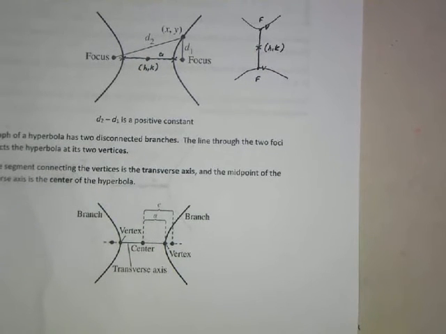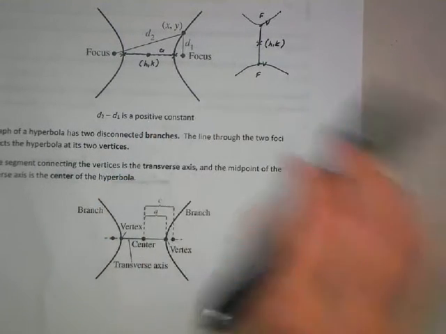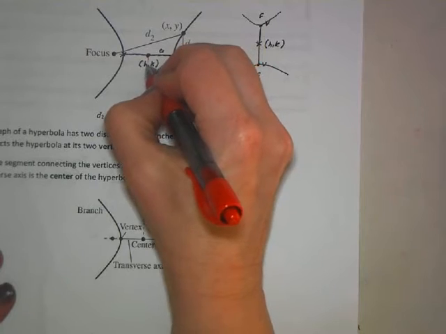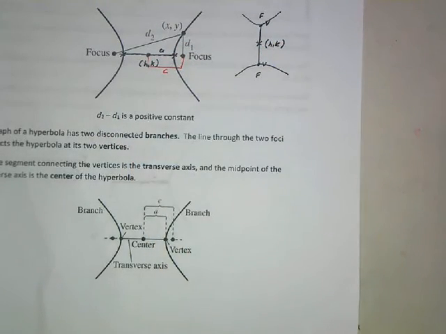All right, so A is the value from here to the vertex, which is the same definition we have. From the center to the vertex is A. From the center to the focus is C. So notice this time C is going to be bigger than A all the time.